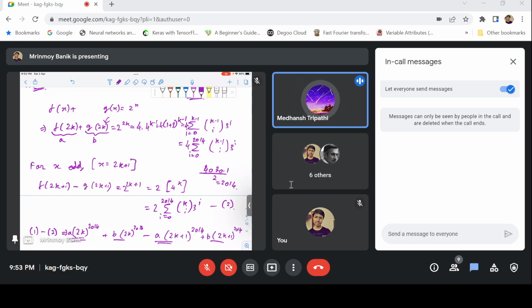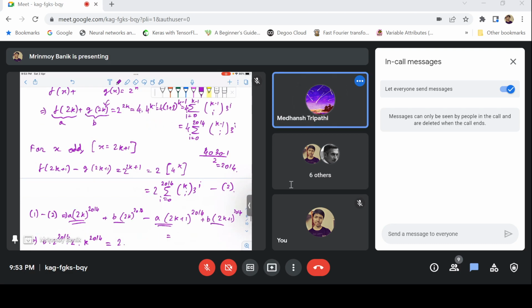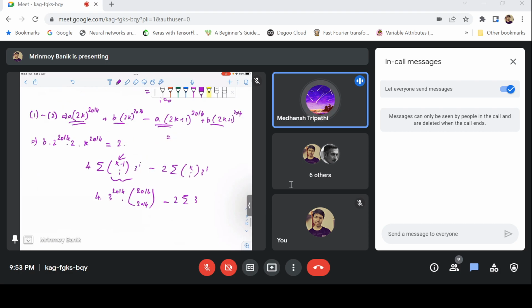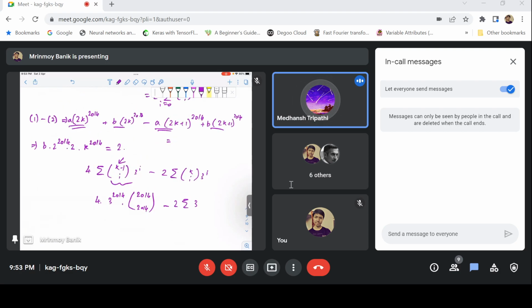How can we put k equal to 2015 there? It is a polynomial, so the variable here is x, like in a polynomial, right? We can just expand this k minus 1 choose i as we do, so it can be written as (k minus i plus 1) multiplied by (k minus i plus 2) and so on.